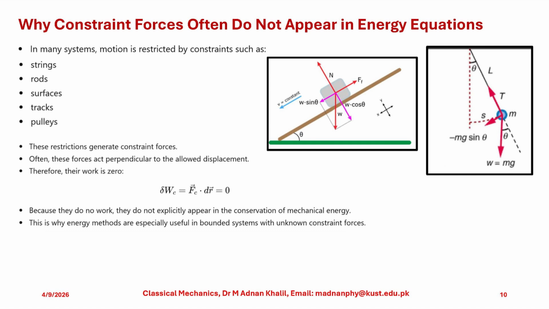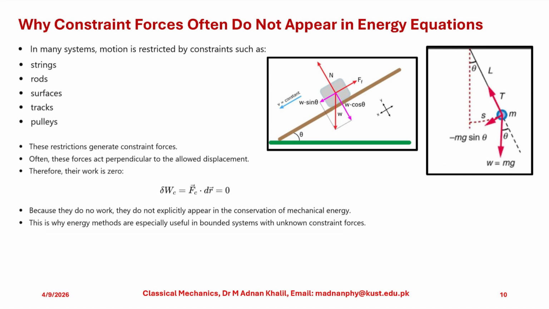Now, from the figure, in the inclined plane, the normal force is perpendicular to the displacement along the plane, so it does no work. On the pendulum figure, tension acts along the string while the bob moves tangentially along the arc.